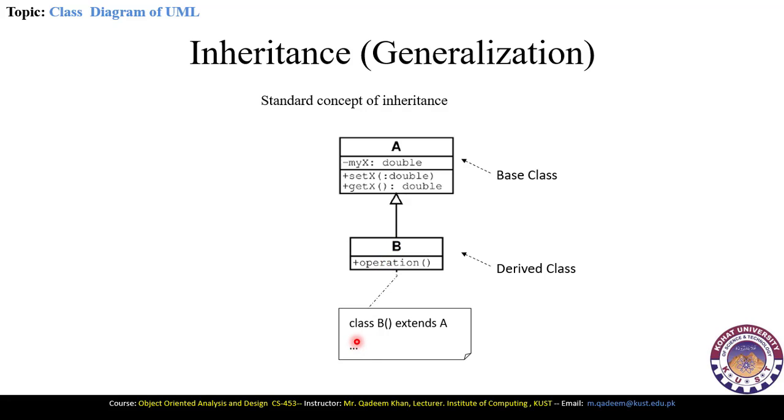So if class B is extended from A, it means that class B is inherited from A, and when the inheritance is performed, B also contains all the members and member functions of class A. That is called inheritance, also called generalization.